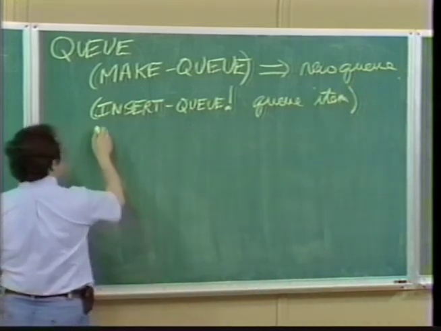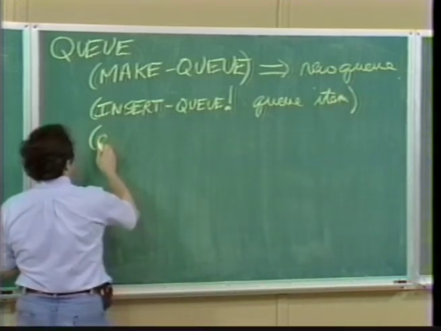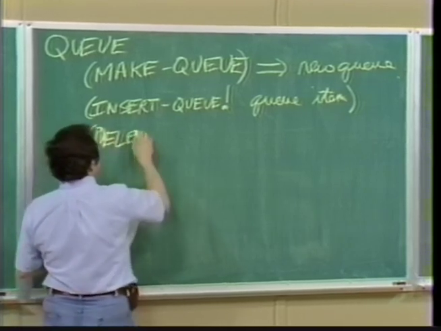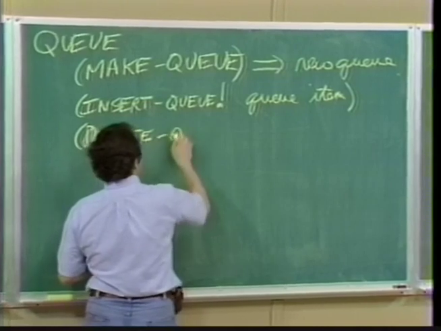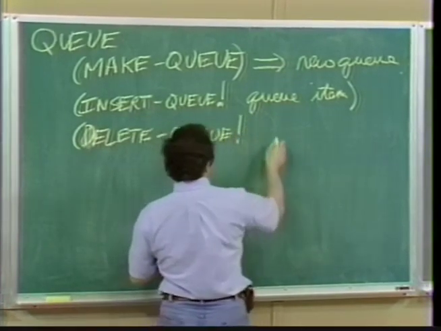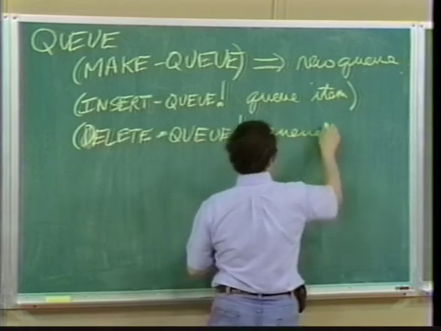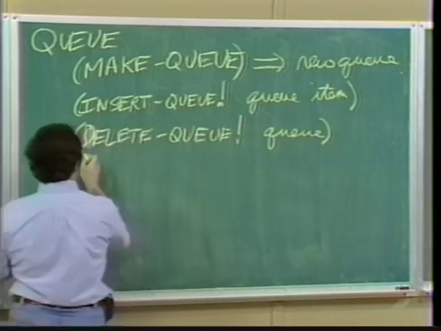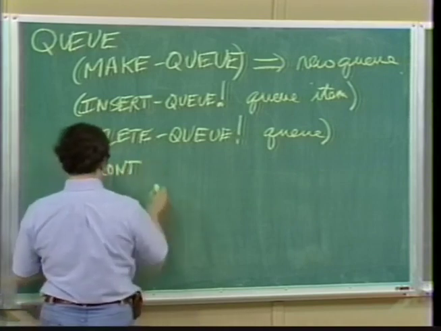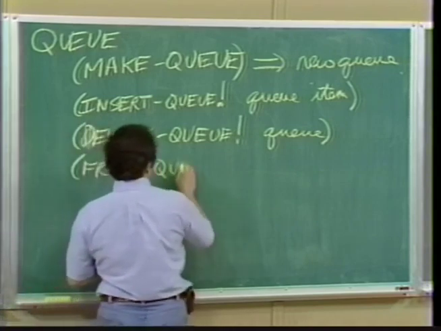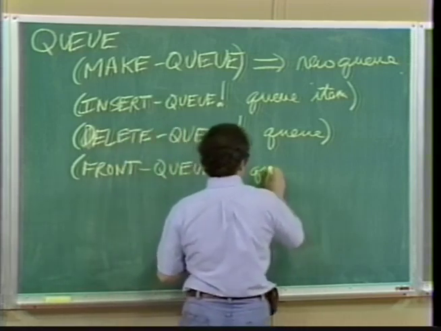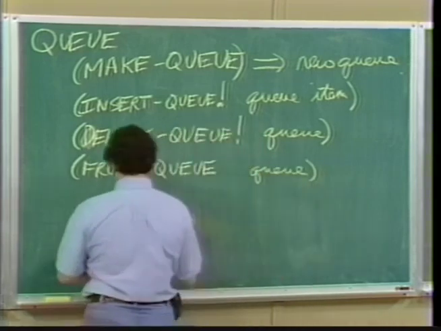I'm going to have to be able to delete from the queue the first item in the queue. And I want to be able to get the first thing in the queue from some queue. I also have to be able to test whether a queue is empty.